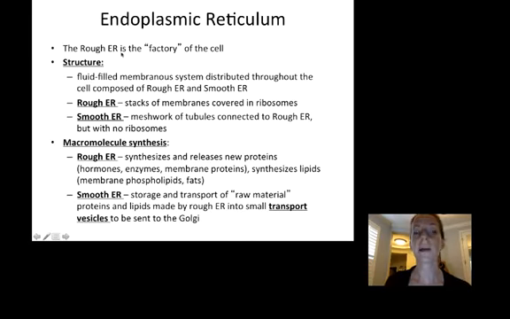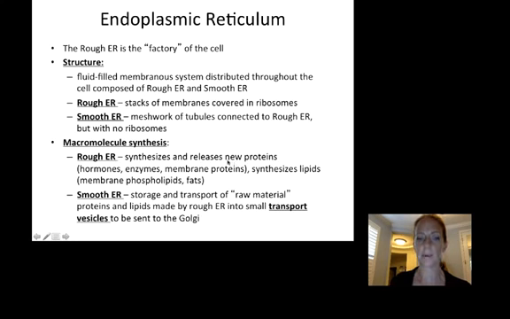The next is the endoplasmic reticulum. There is rough endoplasmic reticulum, and there is smooth endoplasmic reticulum. The rough endoplasmic reticulum you can think of as the factory of the cell. Rough endoplasmic reticulum synthesizes and releases new proteins.